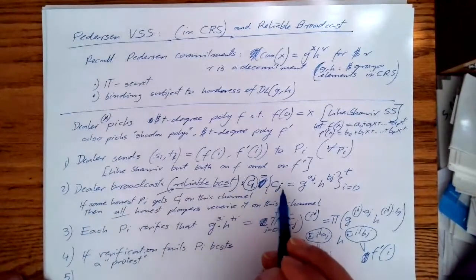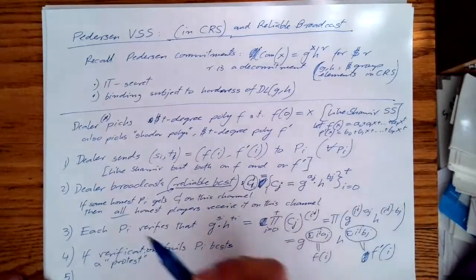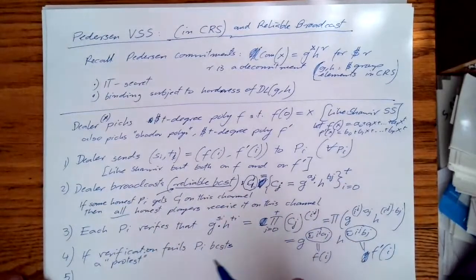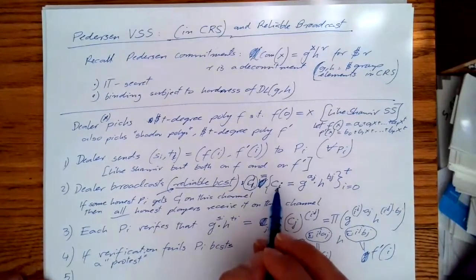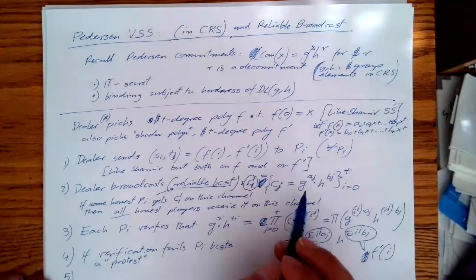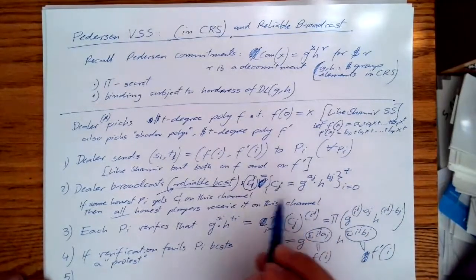Well, because if I send you a commitment to the n shares, it wouldn't be clear that this is a t-degree polynomial inside. But if I send you a commitment to t+1 values, then it has to be a t-degree polynomial that is effectively committed in here.